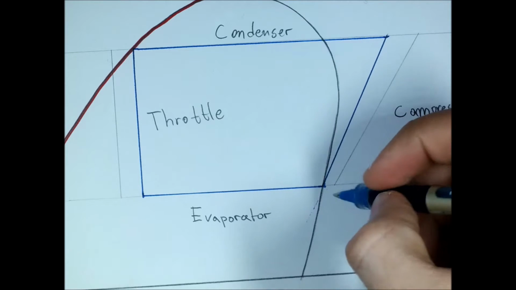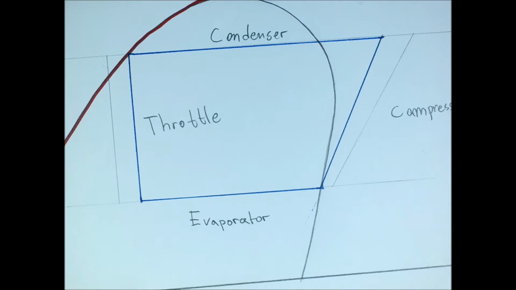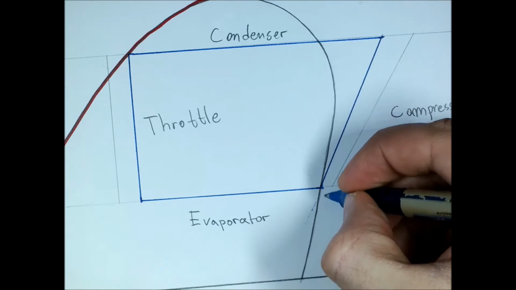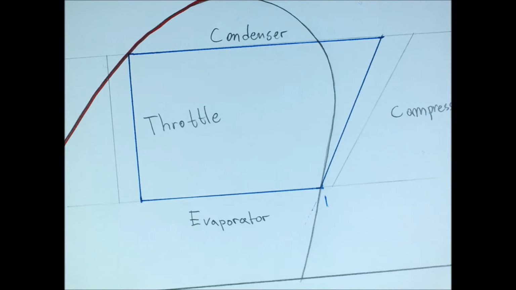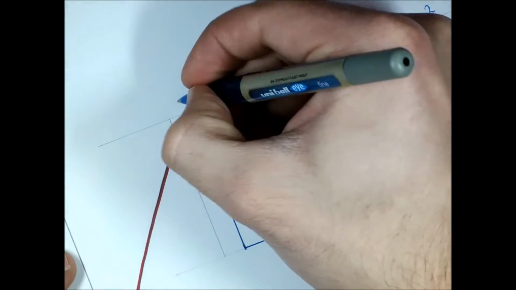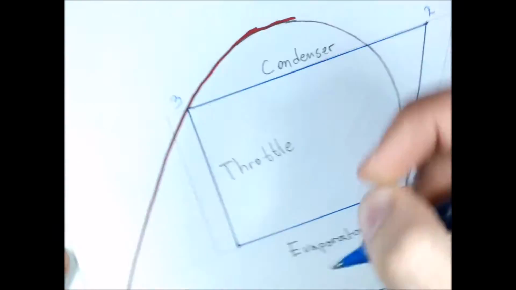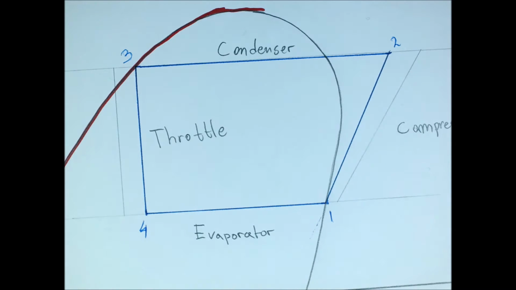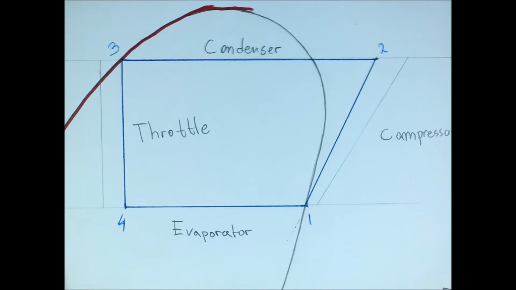I prefer to label the station after the evaporator, or at the evaporator inlet, as 1, station after the compressor as 2, station after the condenser as 3, and finally after the throttle as 4. Okay, so we now have these 4 points.